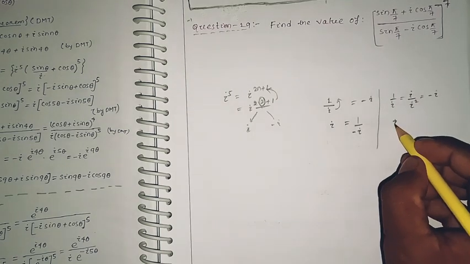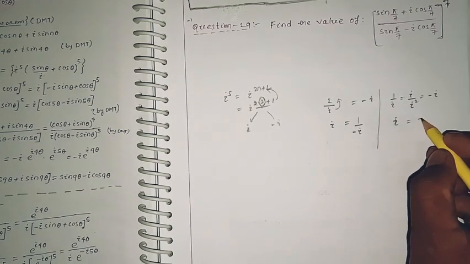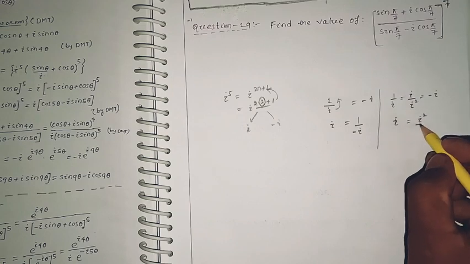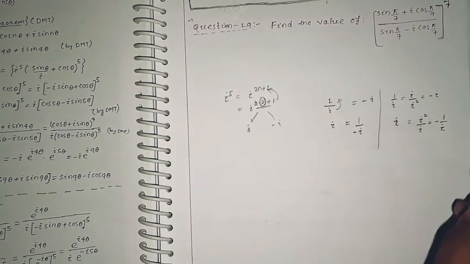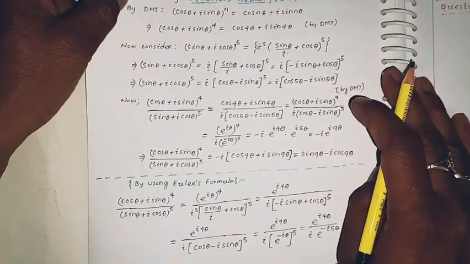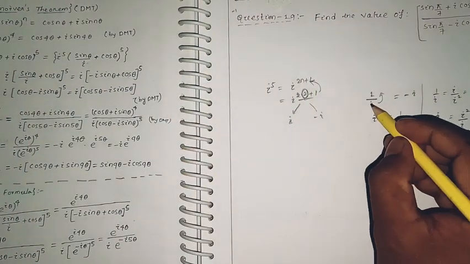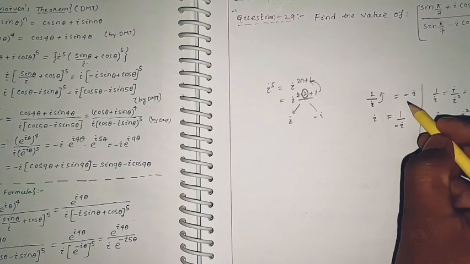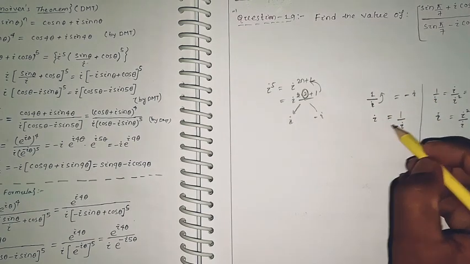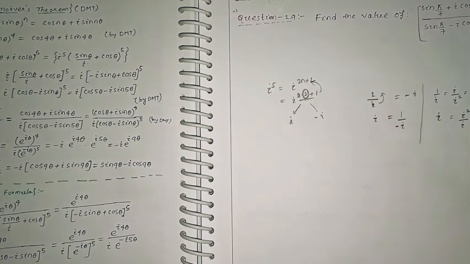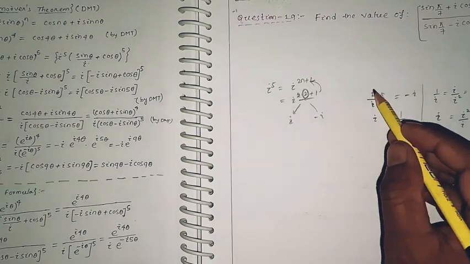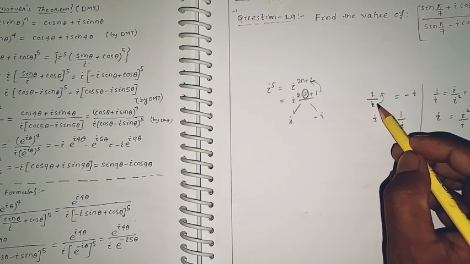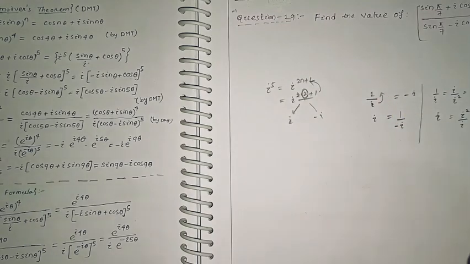Similarly, if i is in the numerator, multiplying i with numerator and denominator, i square is minus 1, so it is minus 1 by i. Just remember that if i is moved to the numerator it will be minus i, and moved to the denominator it will be minus 1 by i.